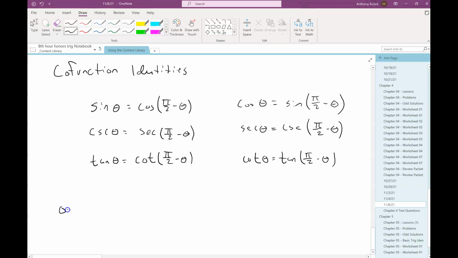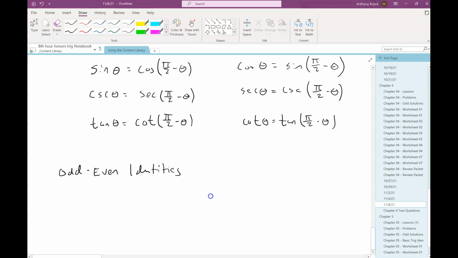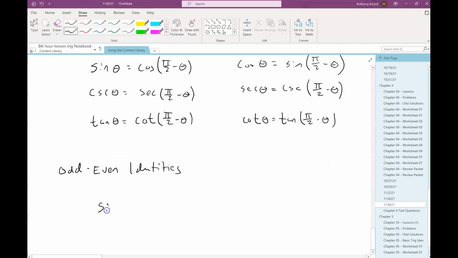And our last set of identities are called the odd-even identities. You remember back when we graphed the sine function, we noted that it was an odd function. Since sine is odd, we know that f of negative x is equal to negative f of x.